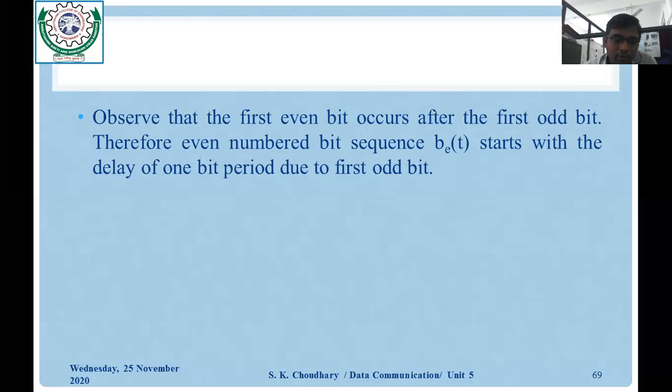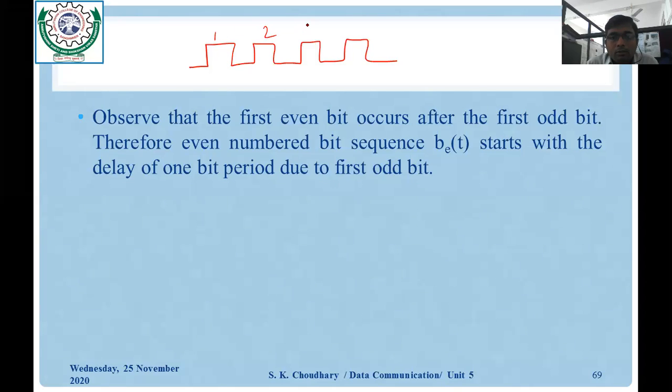Generally, we have to know how the signals are represented digitally. We always know that the even bit always comes after the odd bit, as I have shown here. Suppose odd 1 2 3 4. So the even number always comes after the odd. That's why here the first even bit occurs after the first odd bit.